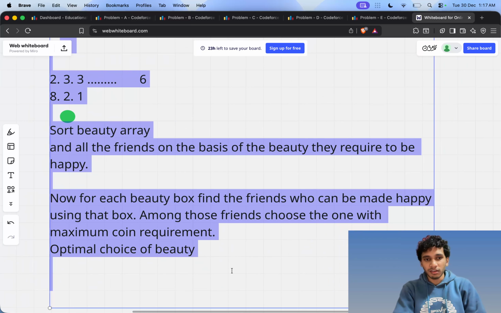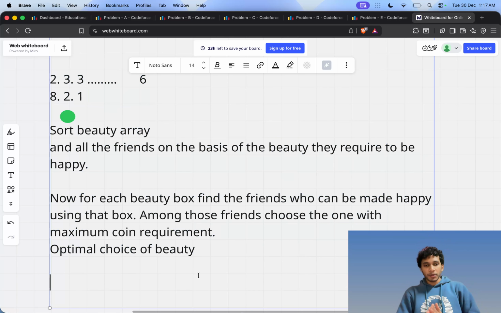This is the reason this choice of beauty is optimal. Also the choice of leftover elements who are meant to be made happy using coins is optimal, because at each step we have chosen a friend who requires the maximum amount of coins to be made happy, so the leftovers are the minimum ones.